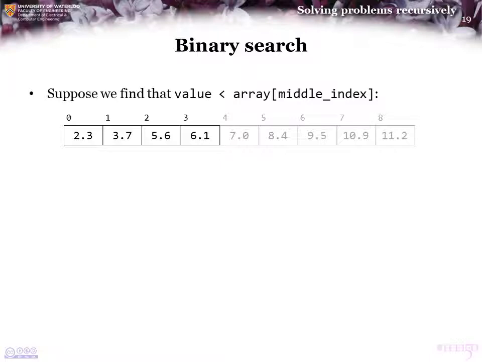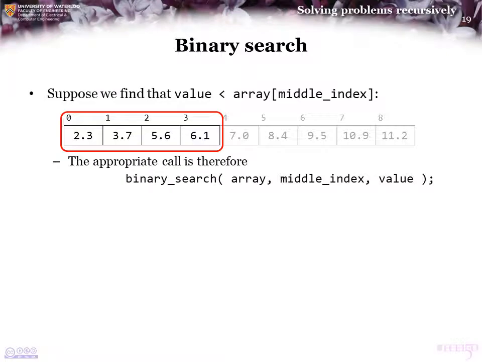Well, suppose that we find that the value we're searching for is less than the entry at middle index. Well, to search this array from entries 0 to 3, the appropriate function call or recursive call would be to have the capacity be middle index, which is 4. So this would search entries from 0 to middle index minus 1.